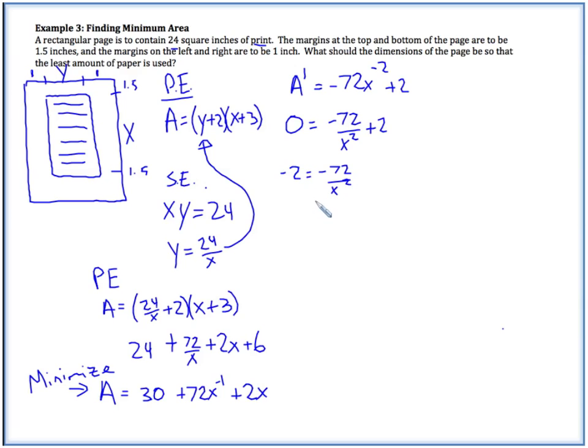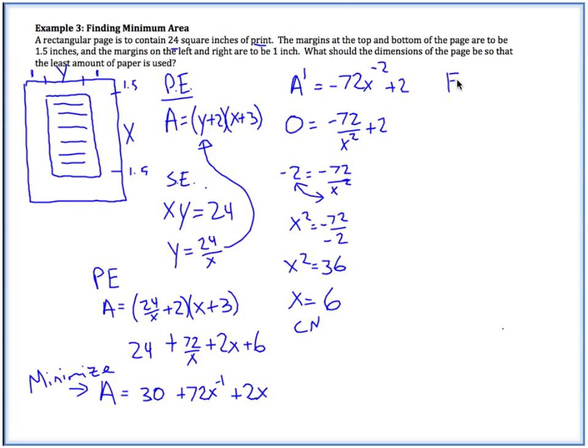There's a little trick in solving this where we can just switch these. So x squared equals negative 72 over negative 2, and so x squared equals 36. And so x is going to equal plus or minus 6, but negative 6 is not going to be in our domain. And so x equals 6 is our critical number that we're going to have to try.